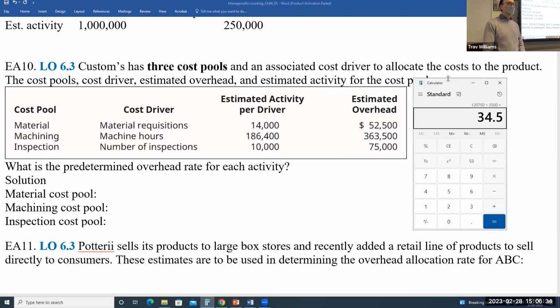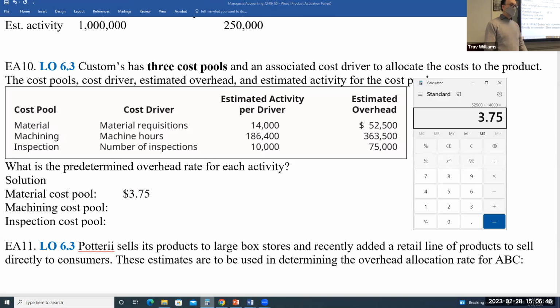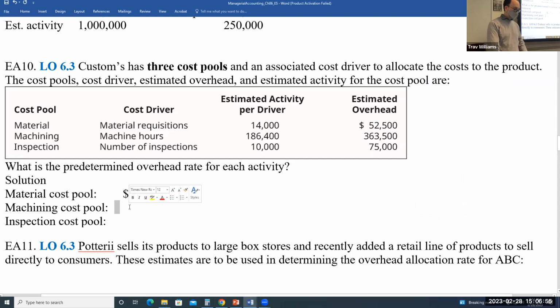So we take the estimated overhead for each cost pool divided by the activity for that cost pool. Get 375. Machining, you get $1.95. And inspections comes out to $7.50.